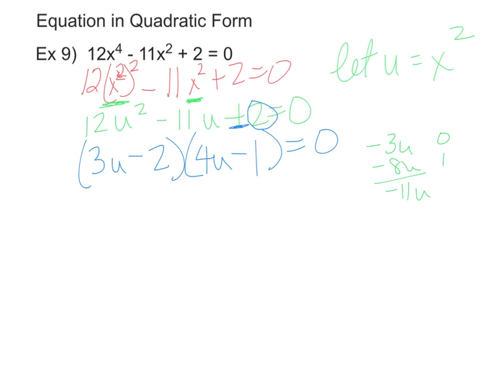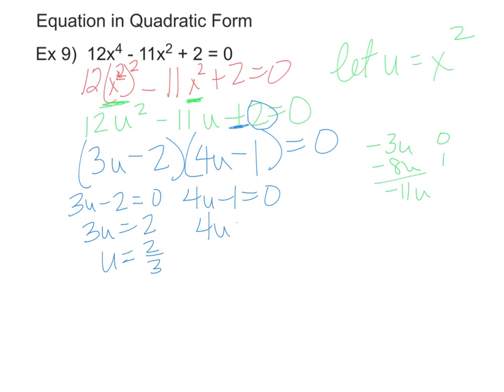It's factored, so cool. Now we use our zero factor property, set each one of those equal to 0, and solve. Add 2, divide by 3, and u is equal to 2/3. Add 1, divide by 4, and u is equal to 1/4.